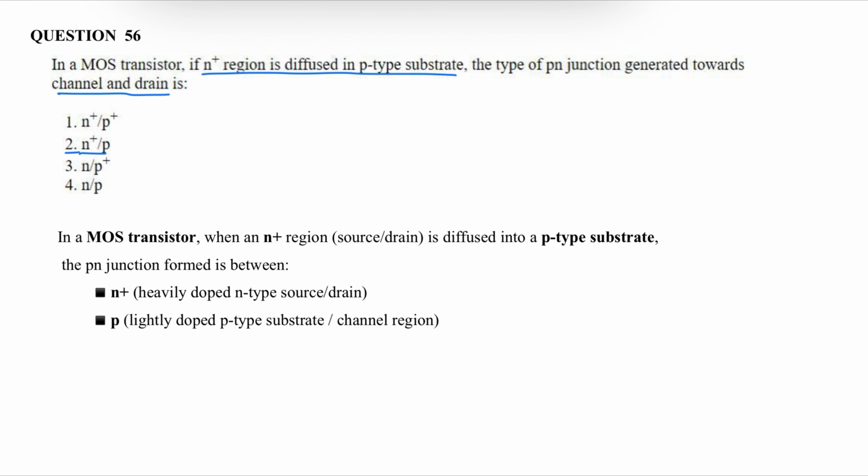In an NMOS transistor, when N plus region, source or drain, is diffused into a P-type substrate, the PN junction is formed between the N plus heavily doped N-type source or drain and the lightly doped P-type substrate or channel region. N plus P junction is formed.